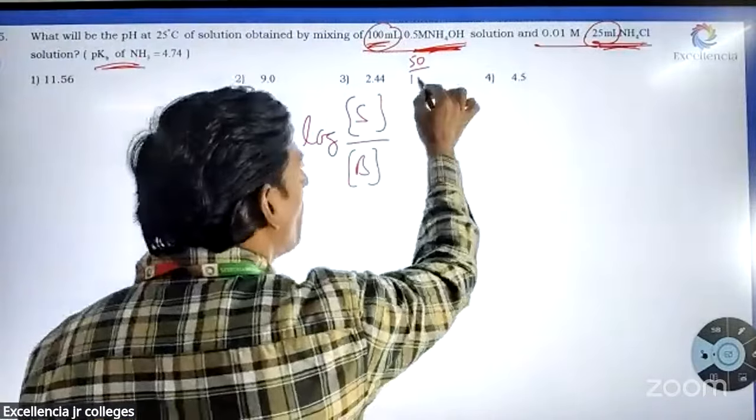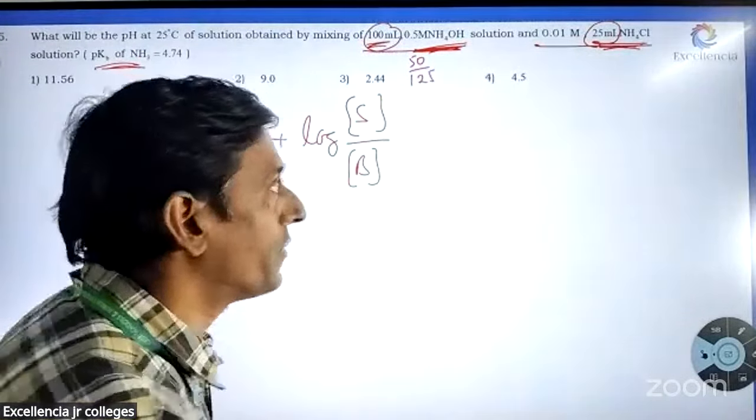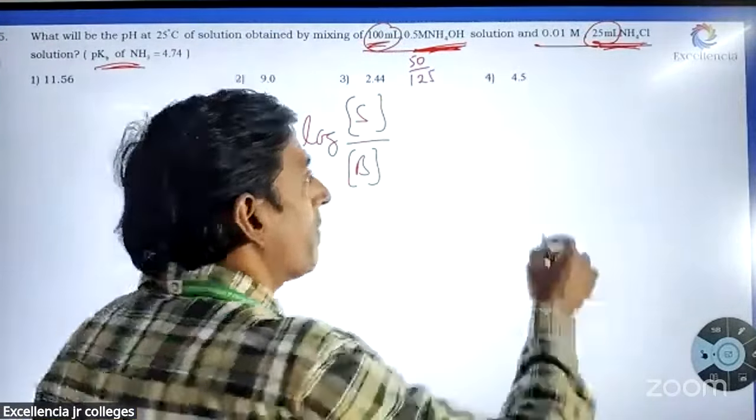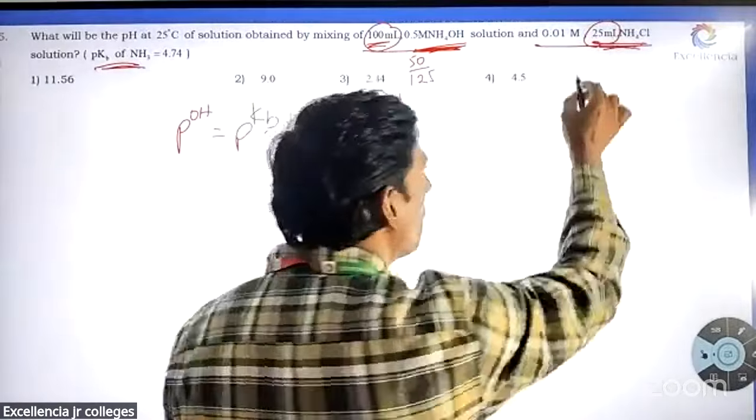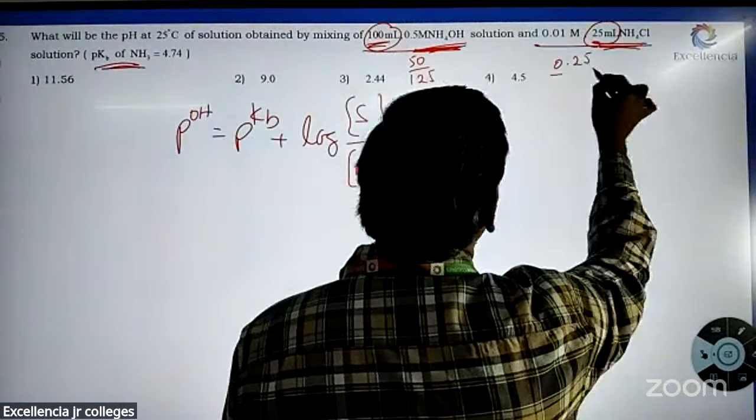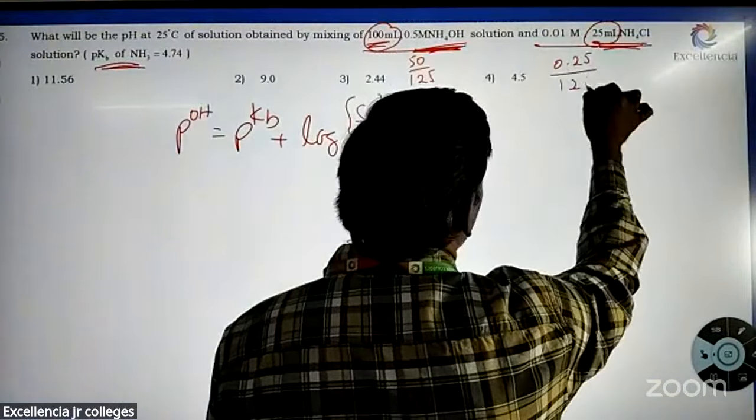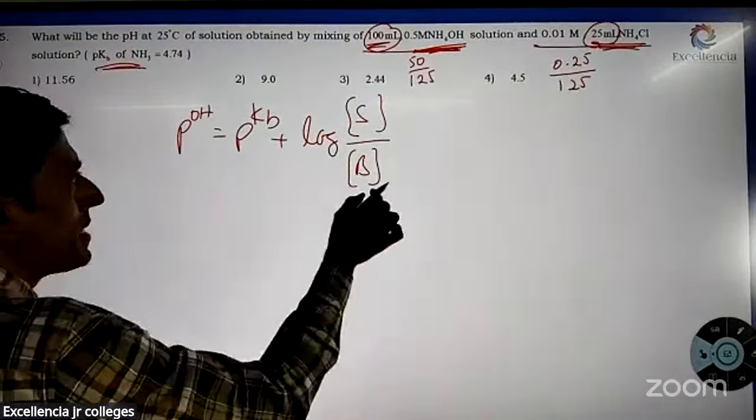With 125 total volume, it is 50 by 125. Then again for the other, molarity into volume in ml gives number of millimoles, divided by total volume 125. When you take the ratio, the 125 gets cancelled. I'm doing the substitution there.